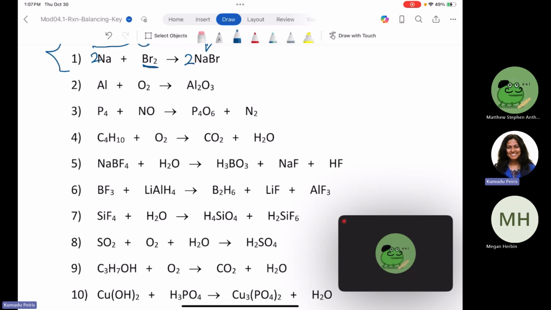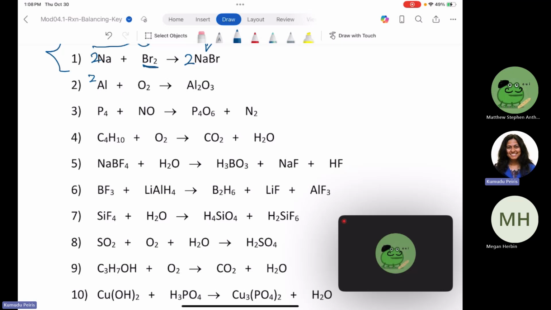We'll go to the equation between aluminum and oxygen making the alumina, Al2O3. So when you look at this, you will see that aluminum in here has 2. So we may start with 2 in front of the aluminum on the other side.